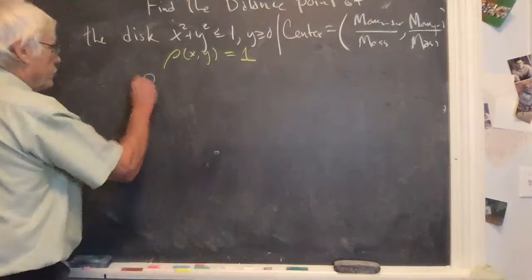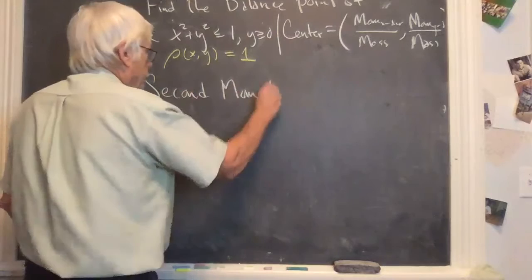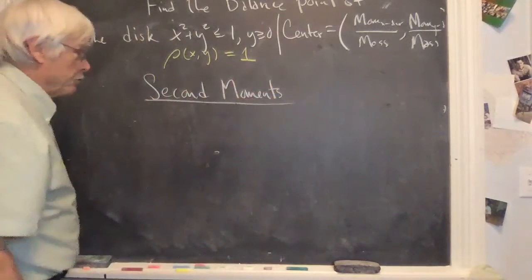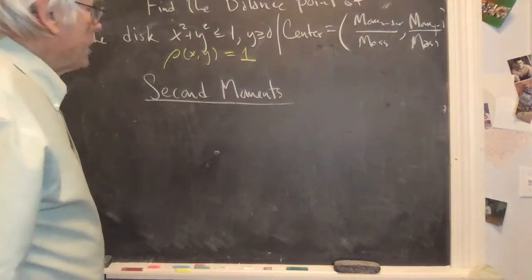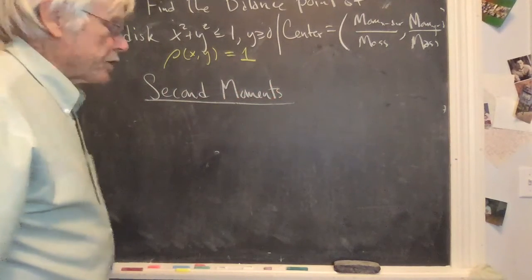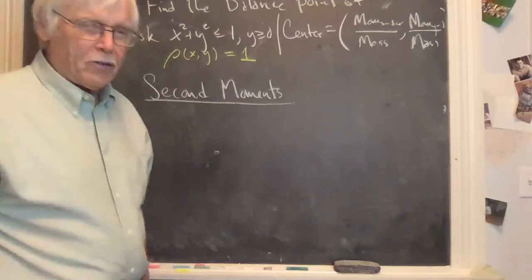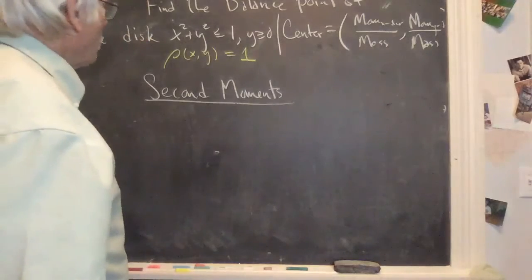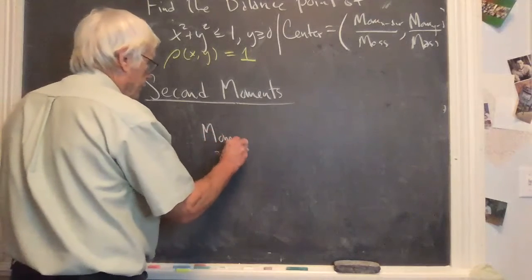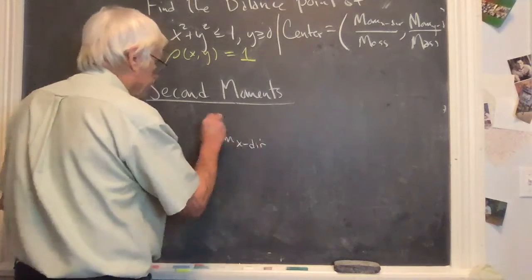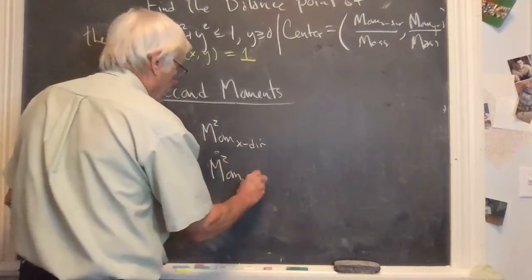The other thing I thought I'd show you is the second moments. These are important in lots of places, in physics, but they're also very important in statistics. In particular, when you're looking at things like the central limit theorem of statistics, which has a central place in the discipline, these second moments are important. And again, there's a second moment in the x direction and a second moment in the y direction.